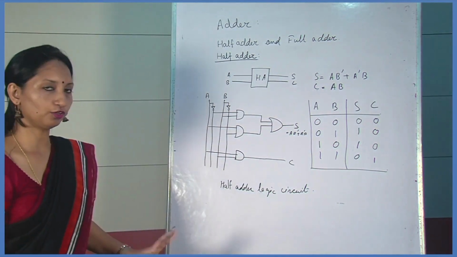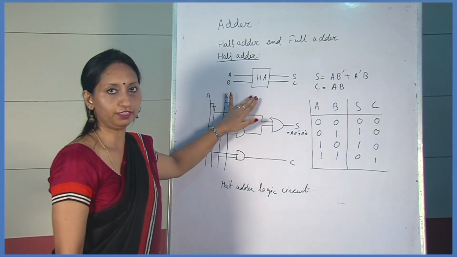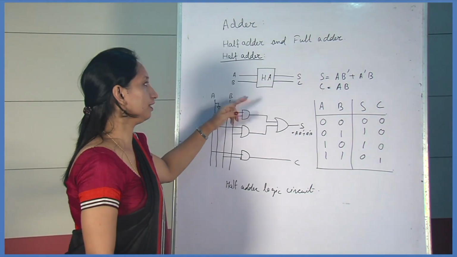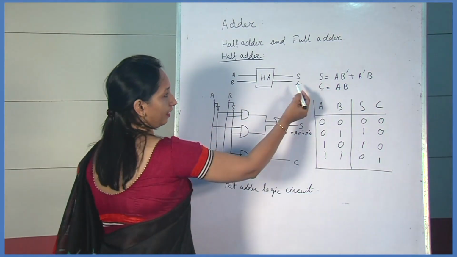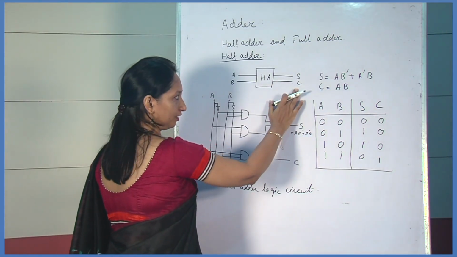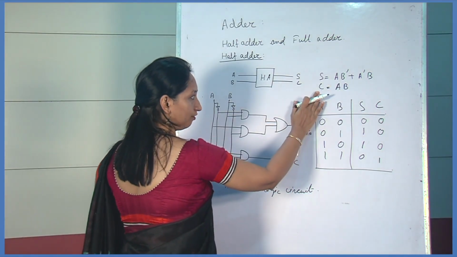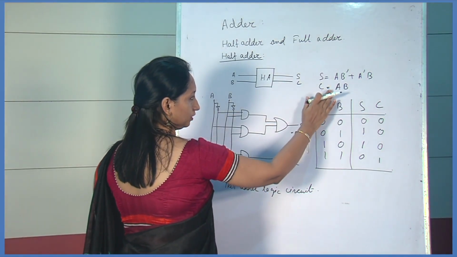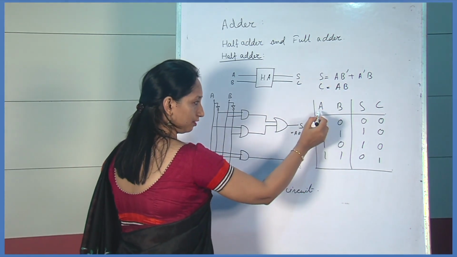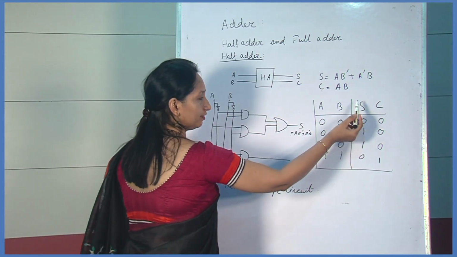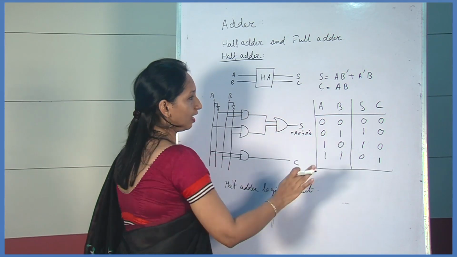So what is a half adder logic circuit? A half adder logic circuit is a combinational logic circuit which adds 2 bits and gives 2 outputs. 2 bits means A and B, and the outputs are sum and carry. The sum equation is A B bar plus A bar B, and the carry output is A into B. In the truth table, for 2 bits, there are 4 combinations, and the sum output is high when only one of the inputs is high.